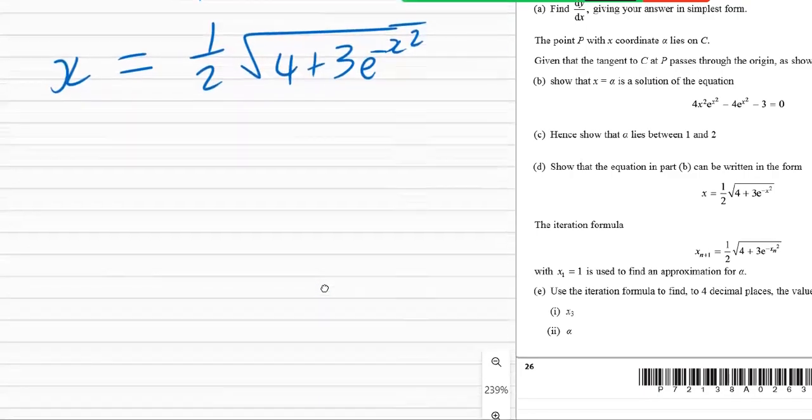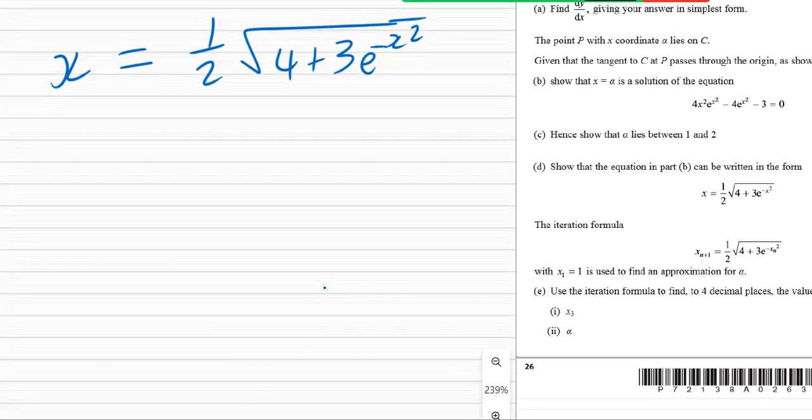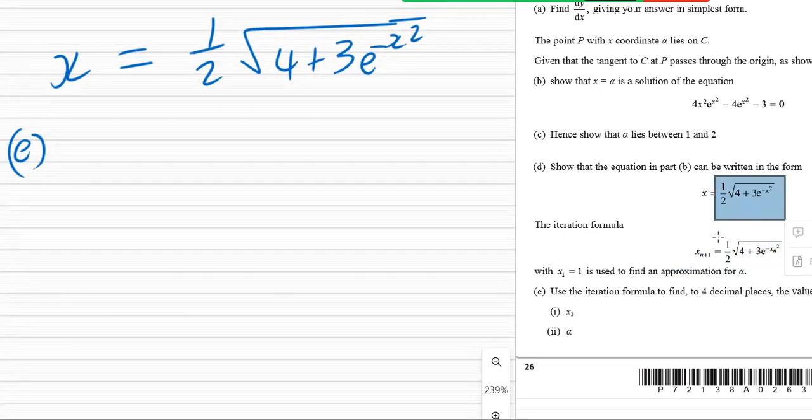Right, so we're doing part e, and part e is the iteration part of the problem. They've given you this formula. It's the same thing as the previous one. This was our formula, and all they've done is that for the iteration, you do x n plus 1.